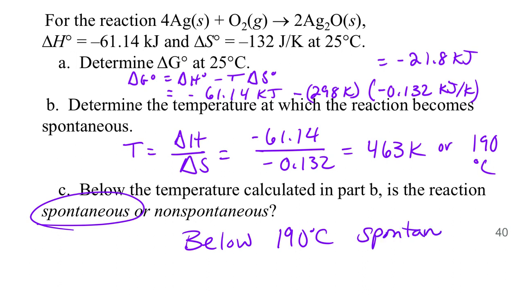Above that, we'll have a non-spontaneous reaction. So note that question B, the wording there, doesn't necessarily mean that it becomes spontaneous above a given temperature. Just temperature at which it becomes spontaneous. Make sense? Questions?